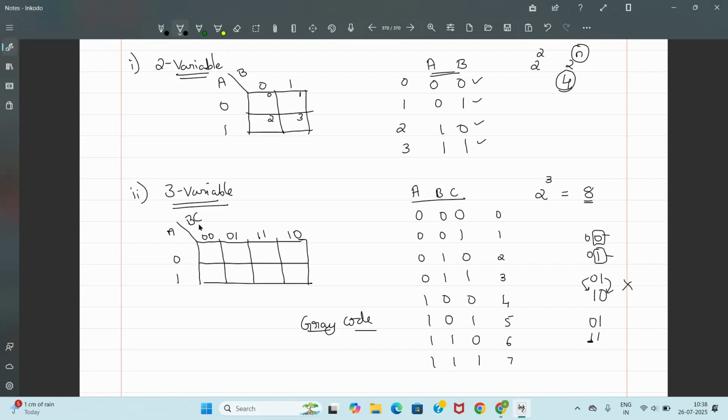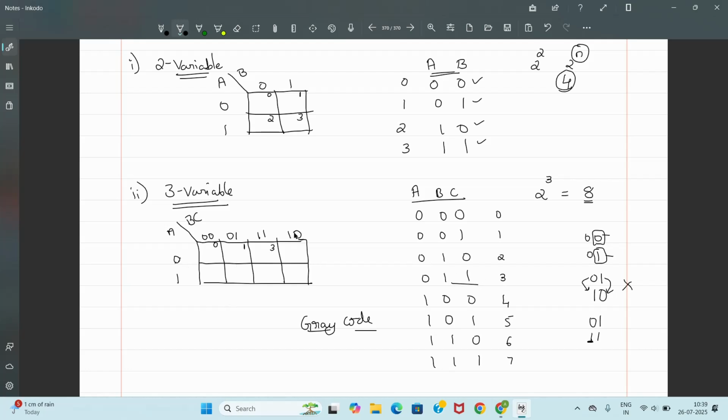Now once you have written this, I can put the numbers inside the boxes. For the first box, the value is 0, 0, 0, which means it is 0. For the second box, the row is 0, column is 0, 1. When I read it together, 0, 0, 1 is nothing but decimal number 1. For the third box, it is 0, 1, 1, which is 3.